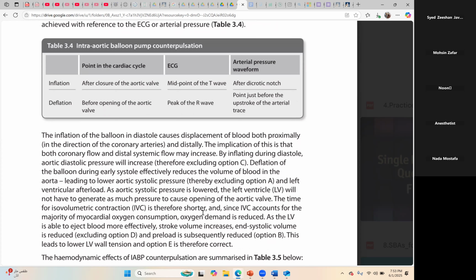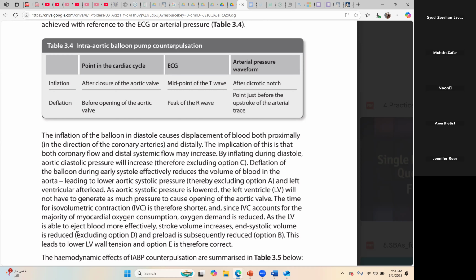So volume is the same, pressure is increasing, and when this pressure is more than the aortic pressure, the valve will open. This is the main theory. Because it is reducing the pressure, this time is shorter. Since isovolumetric contraction accounts for the majority of myocardial oxygen consumption, the oxygen demand is reduced.